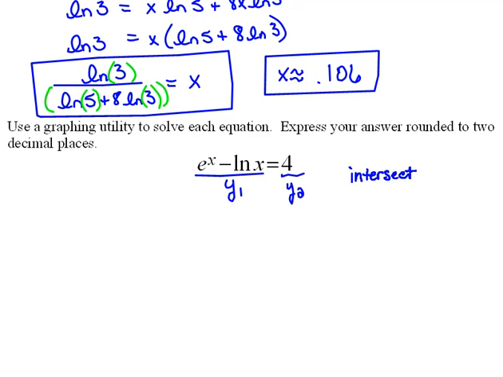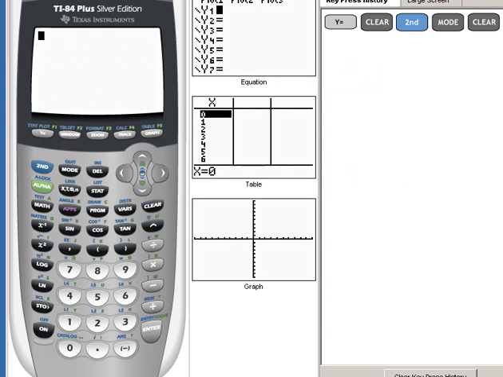So in our graphing calculator, if you need to pause this and write down the equation, you absolutely can. I'm going to go to the y equals, and in the y1, I'm going to type in e to the x.